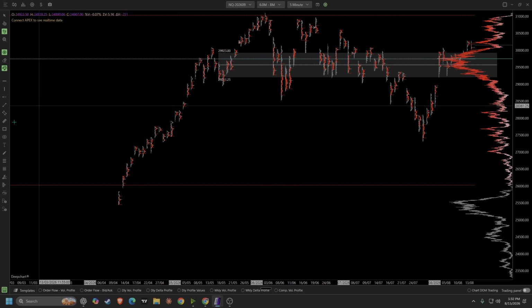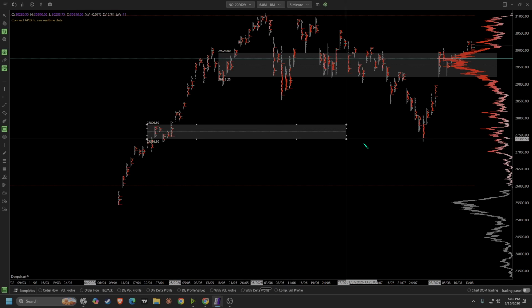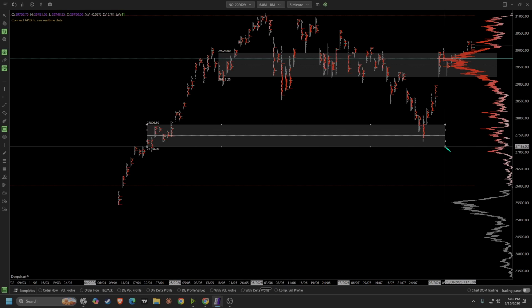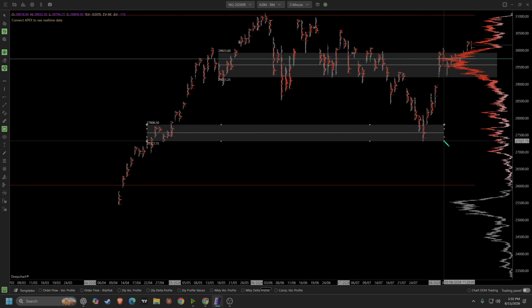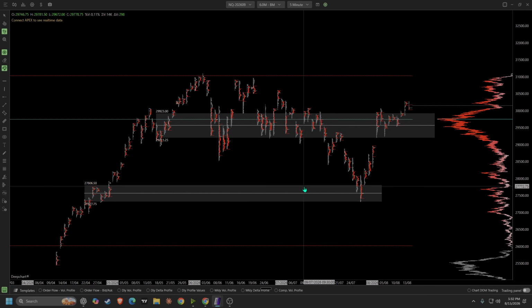So the biggest distribution where we had value in the past was right here. And look at that. We came back and tested that range, exactly the bottom of it, before rejecting back and returning to the previous range.